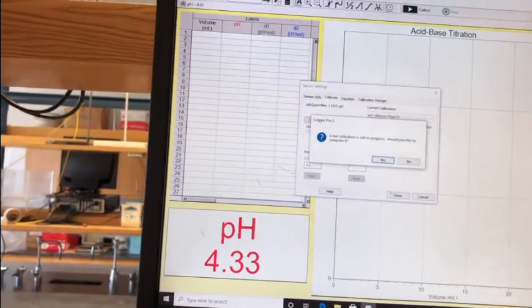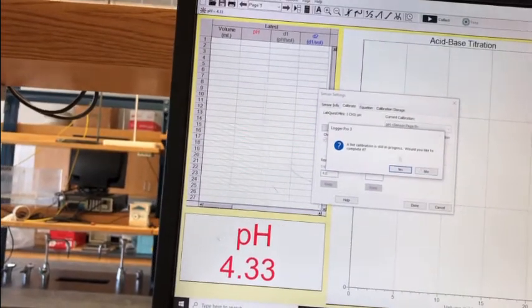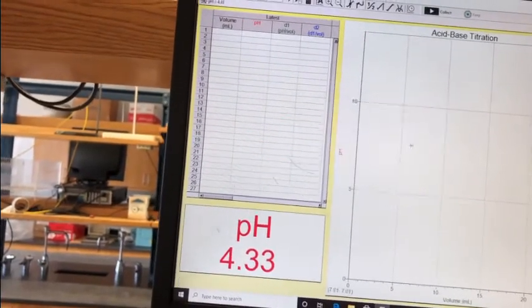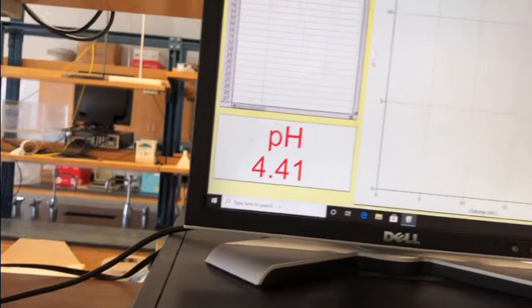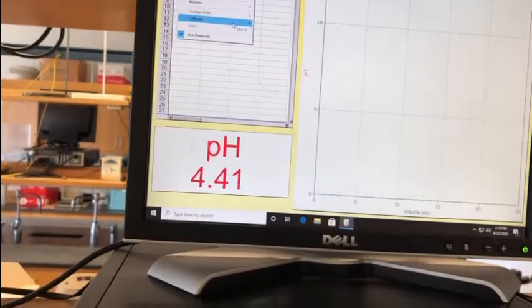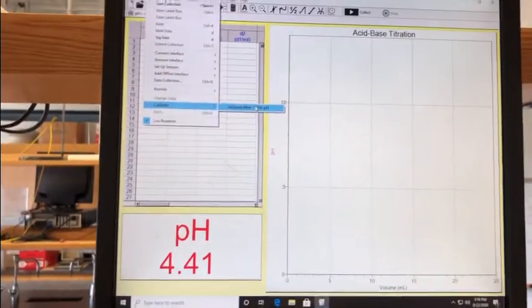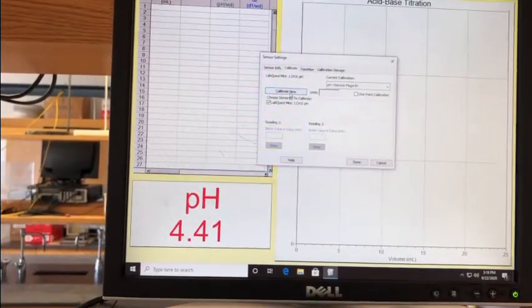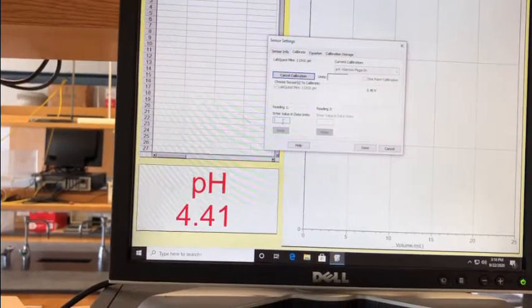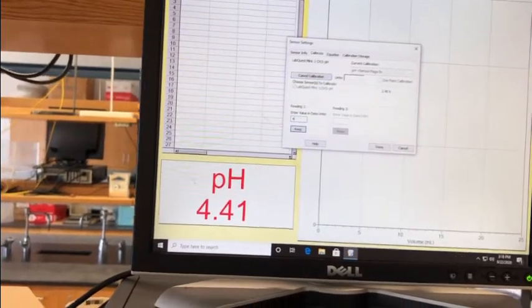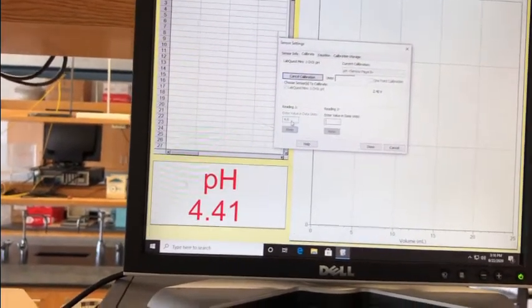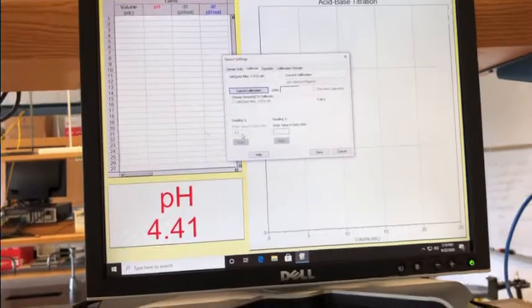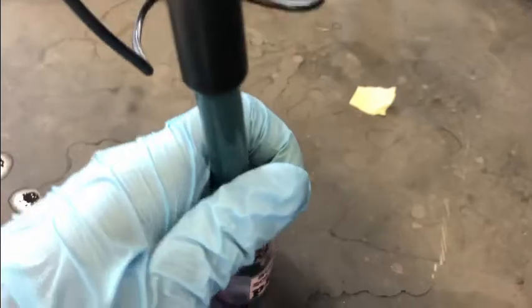Oh, sorry, no. So experiment, calibration, do this 2-point calibrate now, and then 4.0, keep, and then second point. Then take it out.